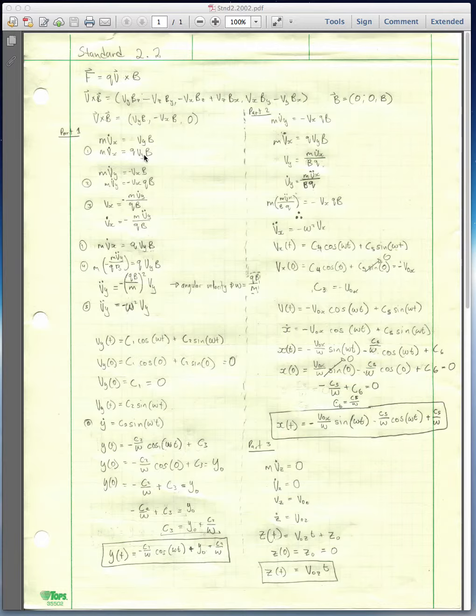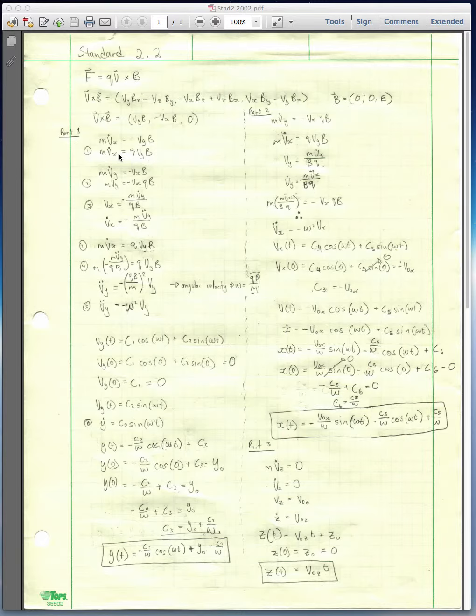So let's get started. Our first equation, I just rewrote mass times acceleration as mass times velocity dot Vx equals Vy B, and I'm missing a q over here, which is written down over here, so don't mind that first equation. Let's just look at the second equation. So that's a proper representation of what it is.